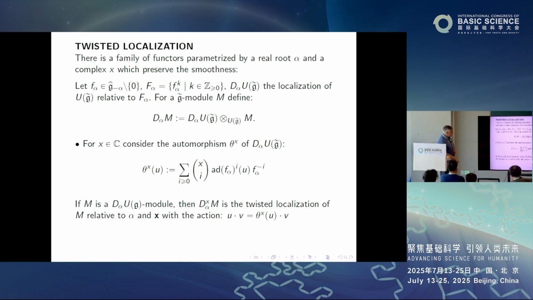But also, for any complex x, we can consider the following automorphism of the localized enveloping algebra, defined by this formula. Using the fact that f alpha is ad-nilpotent, the sum is finite, so it is well defined. We can use this automorphism to twist the module structure, to twist the action this way. That's what D alpha x means.